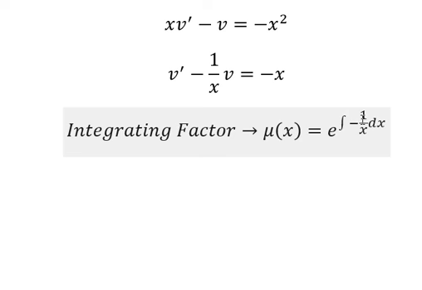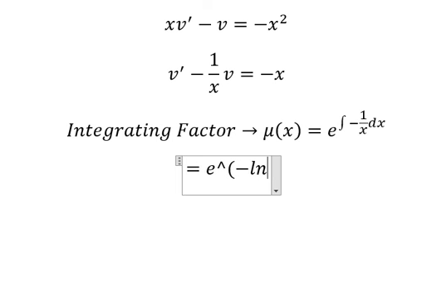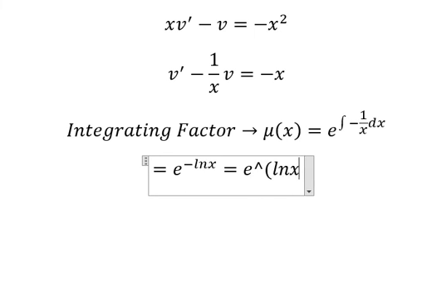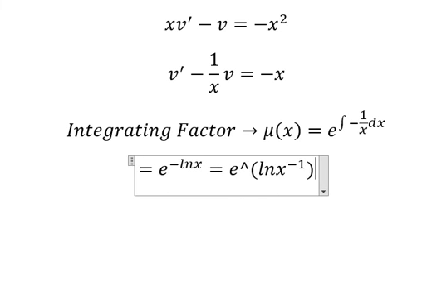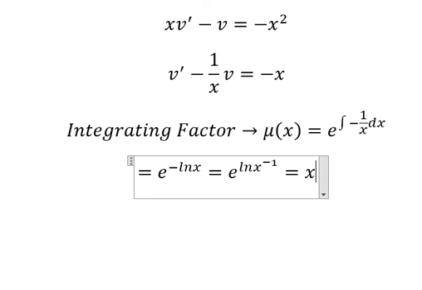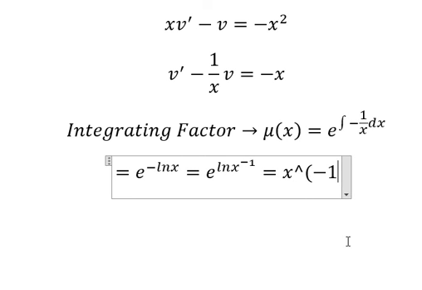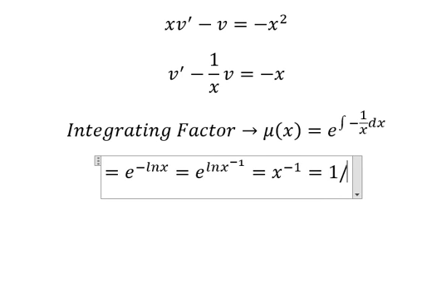So the integration of this one, we have e to the power of negative ln s, and later that we put the negative go inside about natural log in here, and we have s to the power of negative 1, and we have 1 over s.